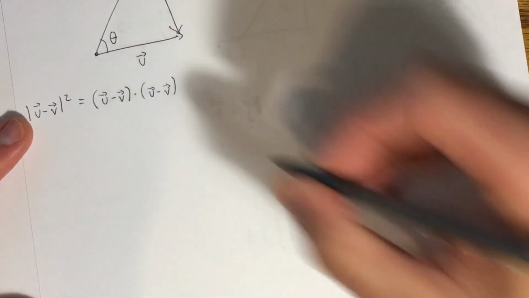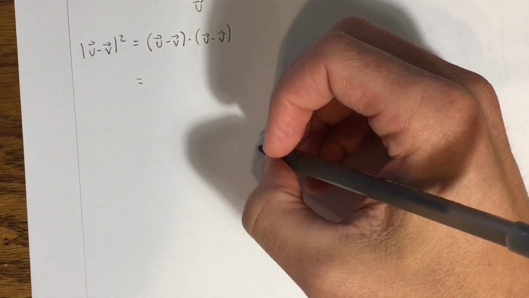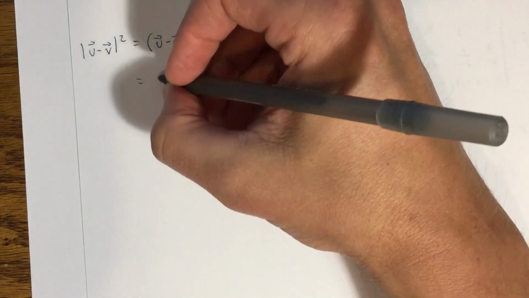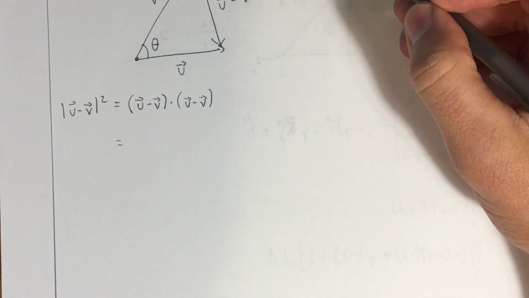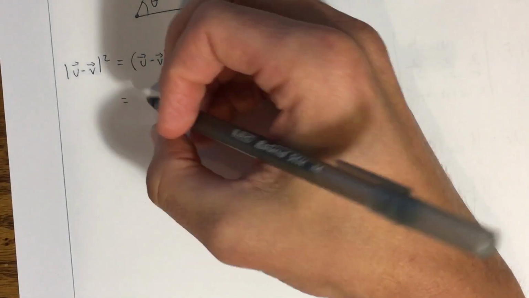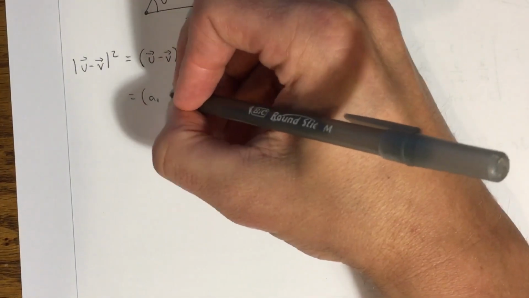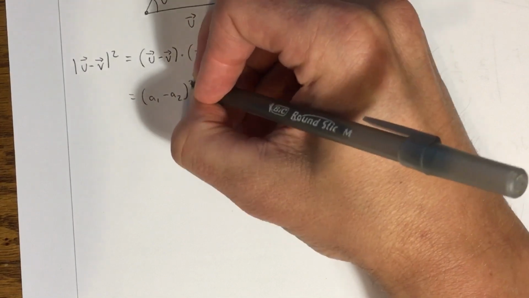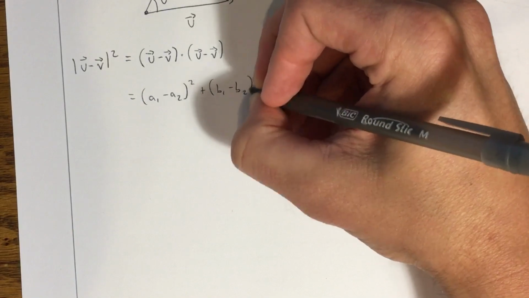Like that. Okay? But u minus v, remember I put that in component form up there, has, if I subtract these components, its x component would be a1 minus a2. And so this is going to be a1 minus a2 times a1 minus a2, or a1 minus a2 squared. Similarly, I have b1 minus b2 squared.